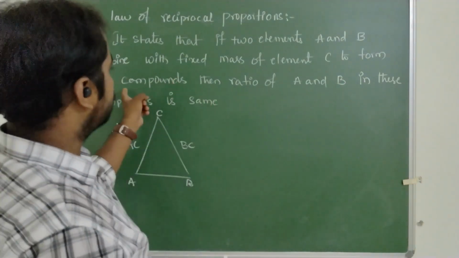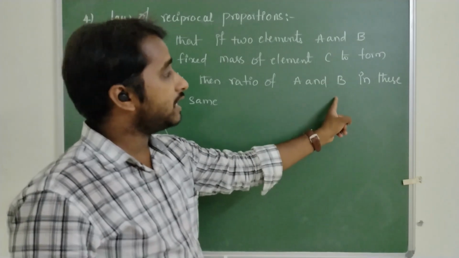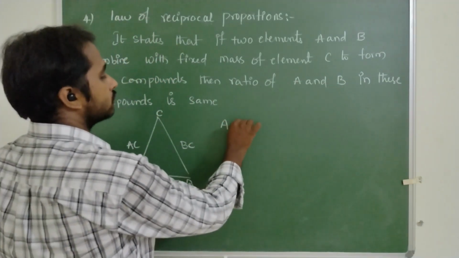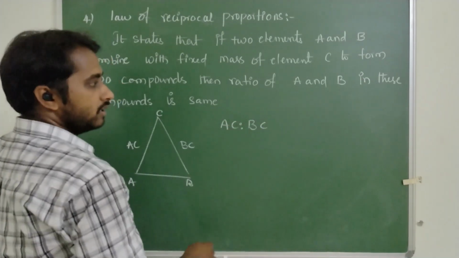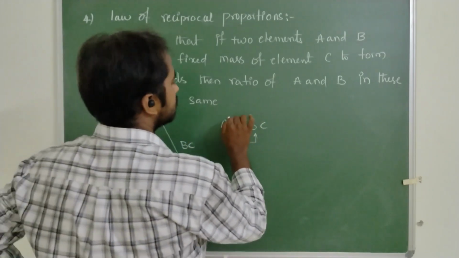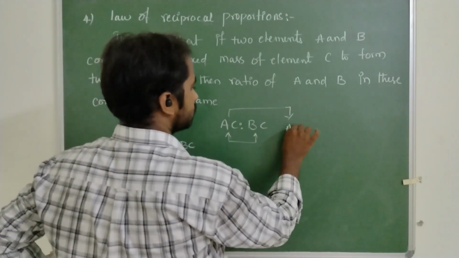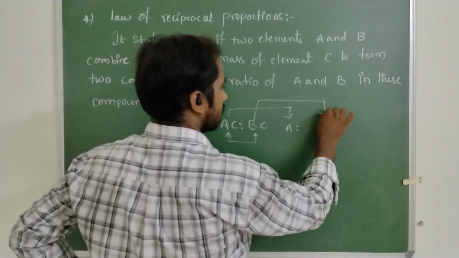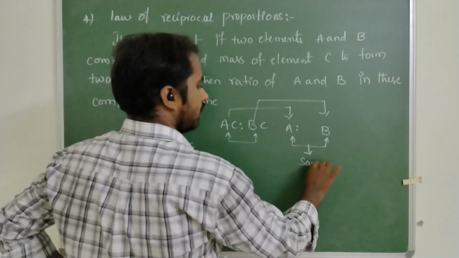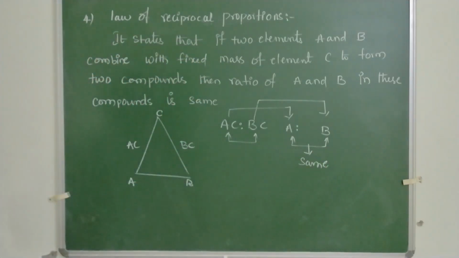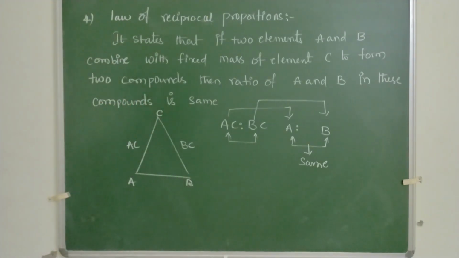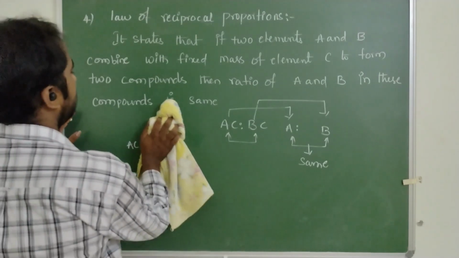Then the ratio of the weights of A and B in these two compounds is always the same, or a simple whole number ratio. I will give one example to understand it in a better way.